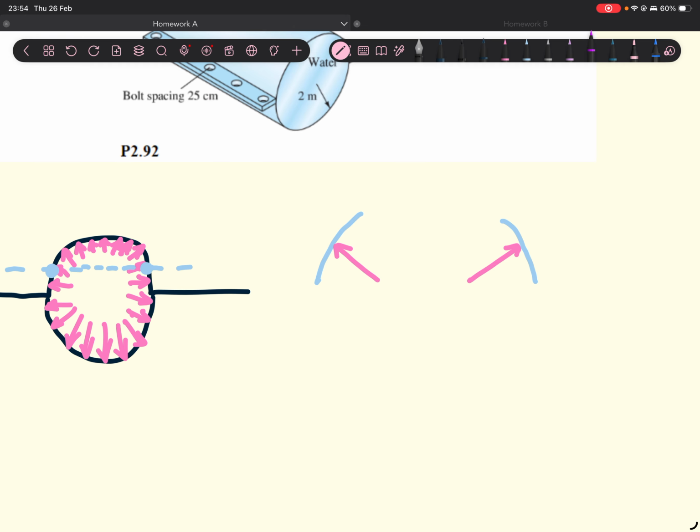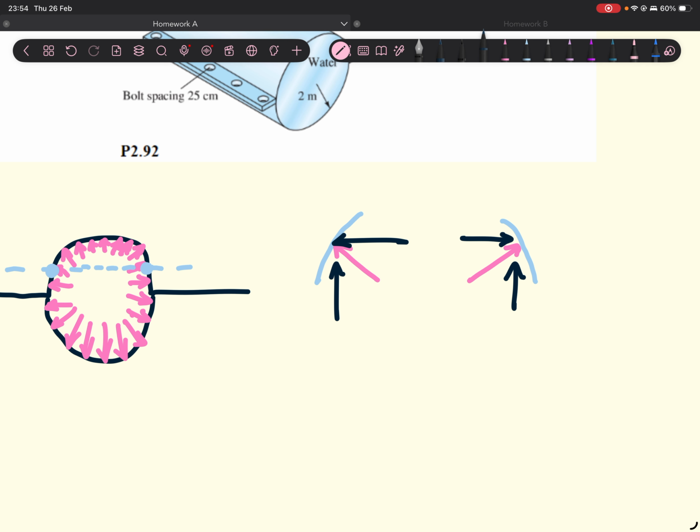If I were to split it into components, I would get a horizontal component and a vertical component, and then again over here, horizontal component and a vertical component. So you can immediately see these two horizontal components will cancel out, but these two vertical components will act together to push this whole container upward.